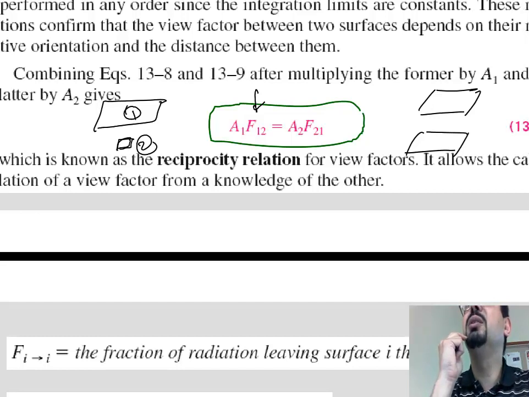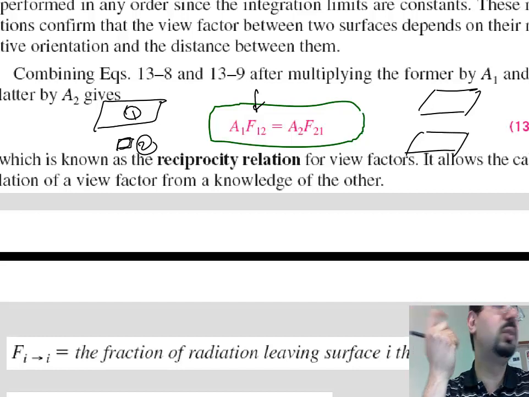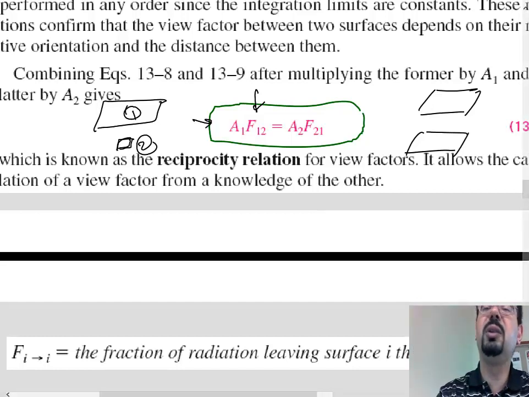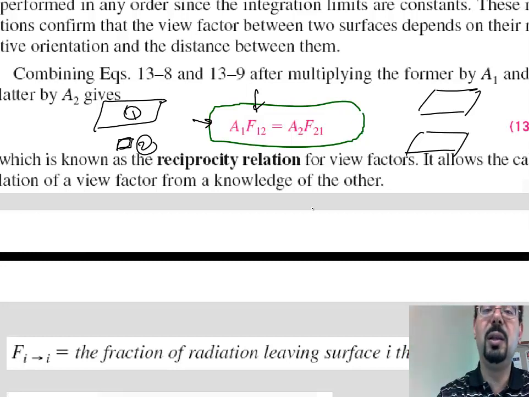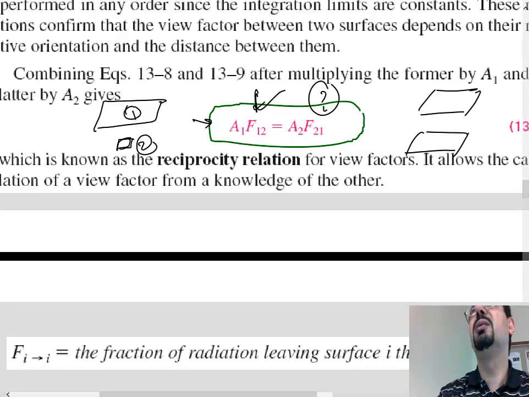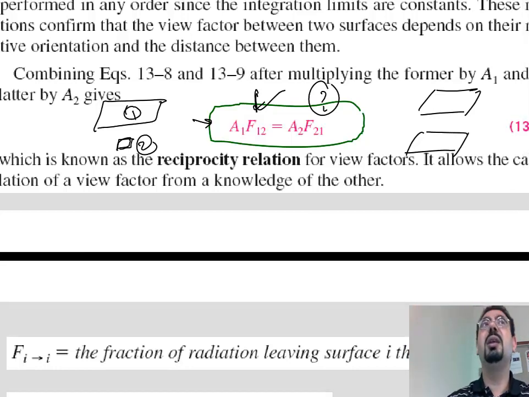How do you do it then if there is no table or equation for it? You do it from here. You say, well, I can get F12 from the table, but then I will use A1 F12 equal to A2 F21 to get this F21. All right? So that is the first rule.